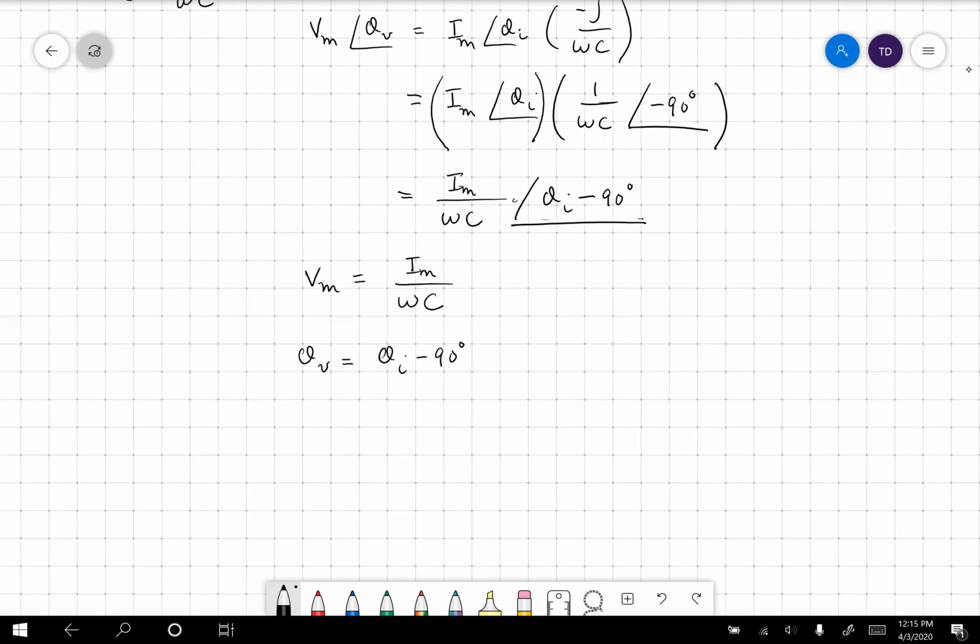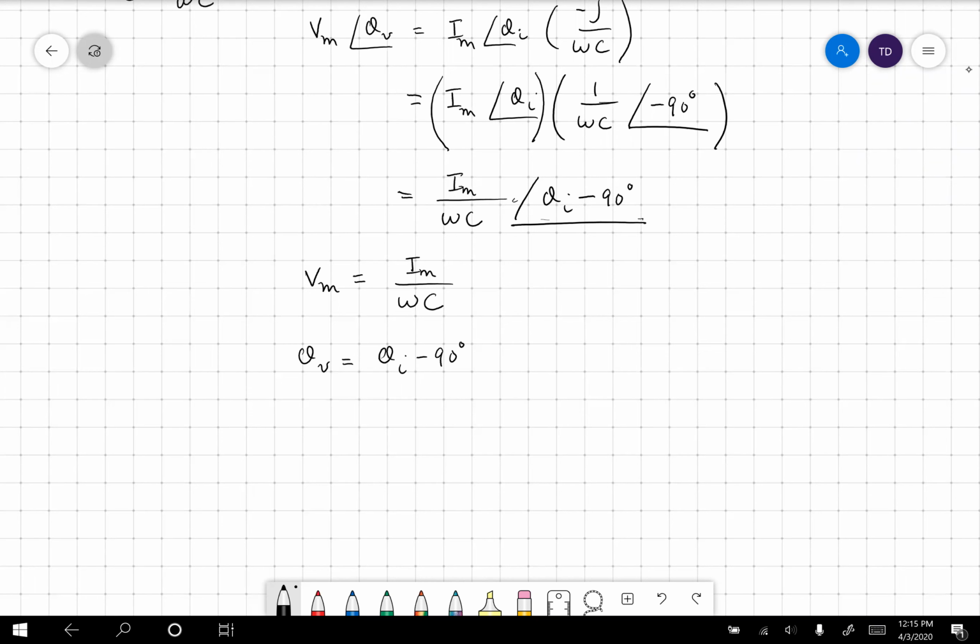This tells us for a capacitor, the voltage lags the current by 90 degrees.